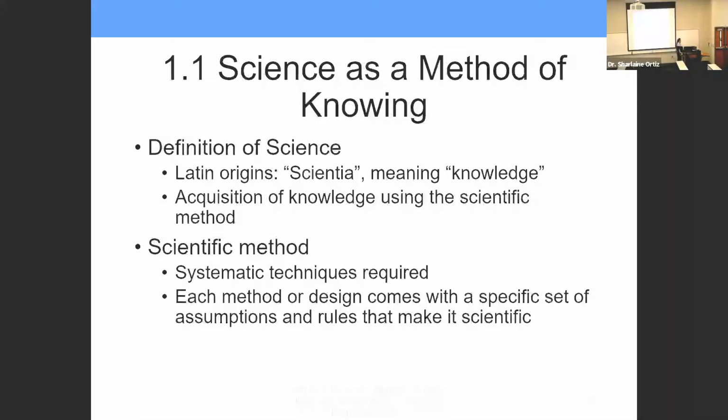Science, on the other hand, the difference between you learning from experience and you learning something through the scientific method, is that with science, you use the scientific method. Within the scientific method, systematic techniques have to be used in order to filter out things like bias.